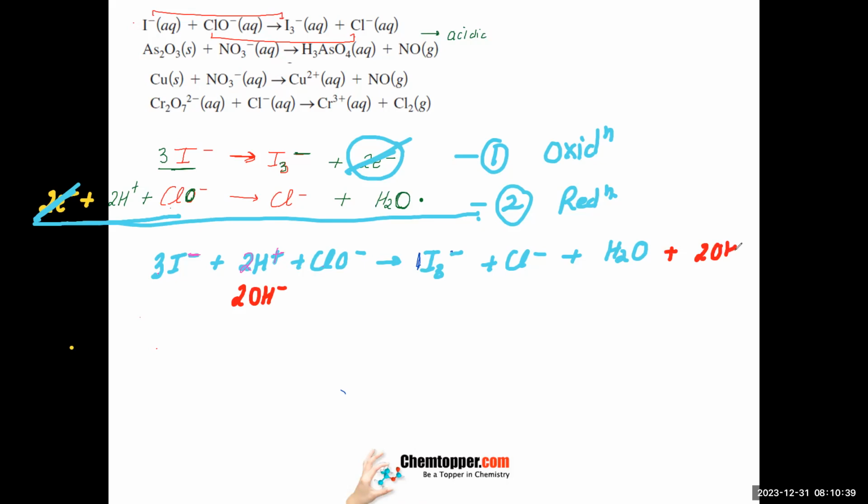But this one is H2O. How many H2O? 2 H2O. But this 2 H2O and this 1 H2O, this will become 0 and this is left as 1 H2O. Agreed? So the final equation in basic medium is this.